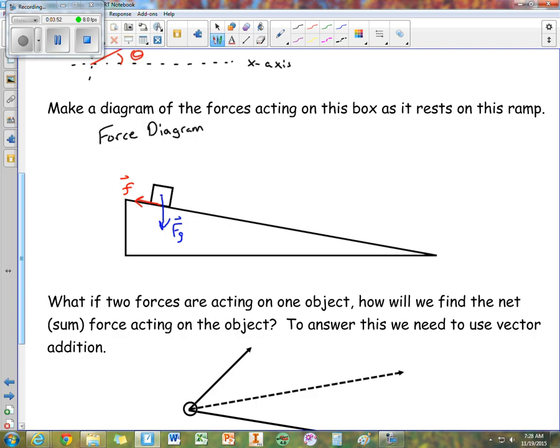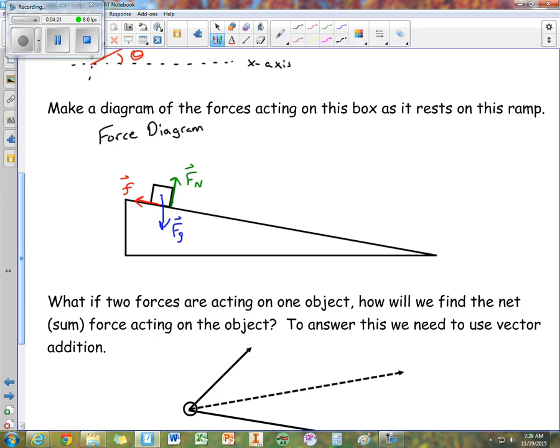And this force that the ramp is pushing on the box with would have to be perpendicular to the ramp. And also, since the box is kind of leaning forward, it'd be a little closer to the leading edge of the box. So here we would have the last one. We call this the normal force. The word normal means perpendicular. So those would be the three forces acting on this box.